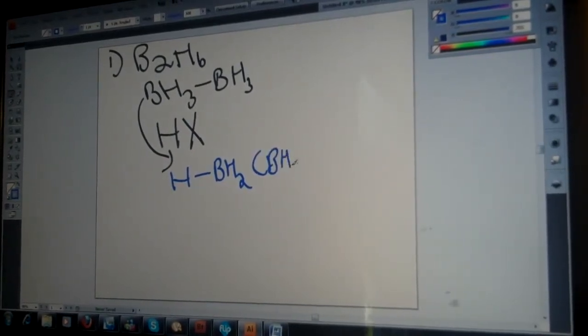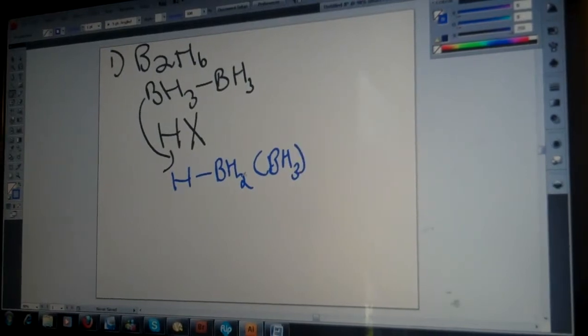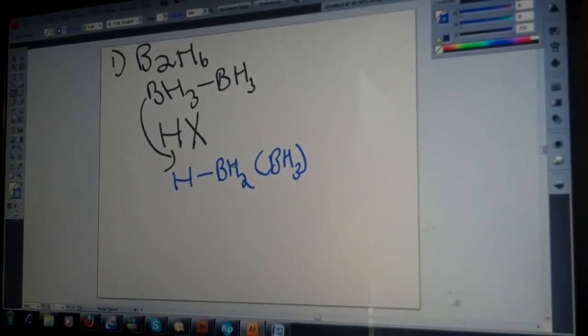The reason we did this was to get it in the form of a hydrogen halide, because this is an anti-Markovnikov rule. Now we're just using one. Don't worry about the other one. So we have HBH2.